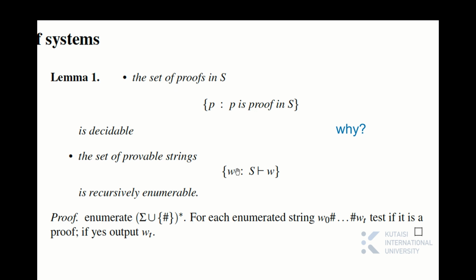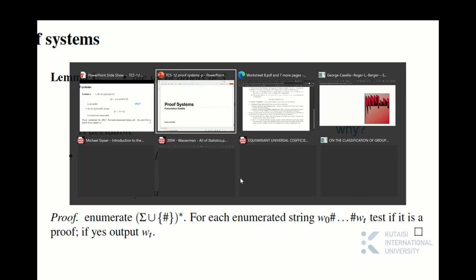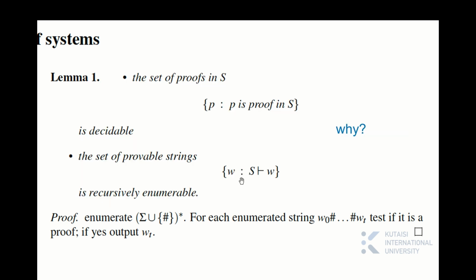I mean, you cannot answer, but if this were decidable, look what it means. It means that I will give you a string and you can algorithmically tell me whether it is provable or not. For example, if I give you a string that corresponds to the Goldbach conjecture, your algorithm should be able to tell me whether it's provable or not.